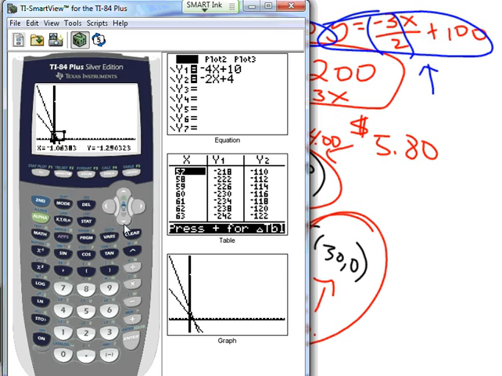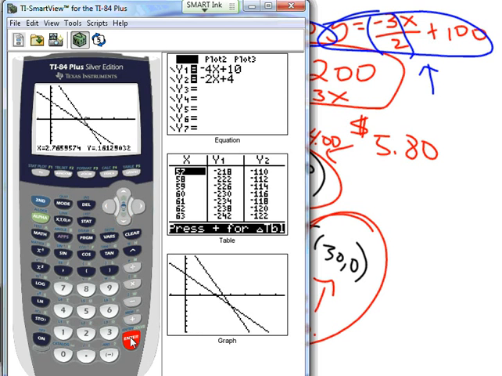This zoom box is really handy to get the area that you want to see better. If you can get it so you can see the two lines crossing, now for the process, intersect. Try it. Like to see it on your screen. I'm going to walk around the room and make sure you got to the right spot.